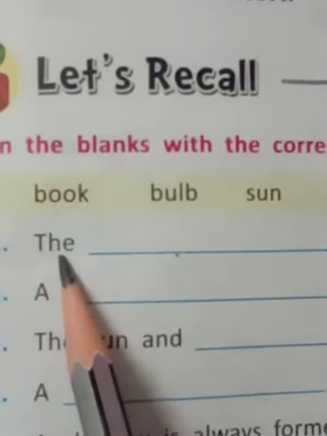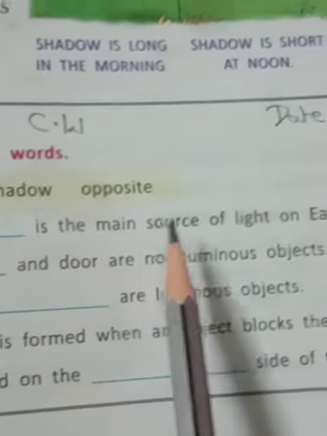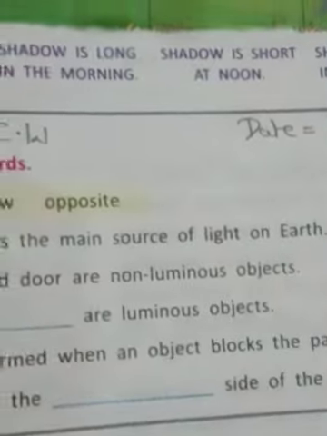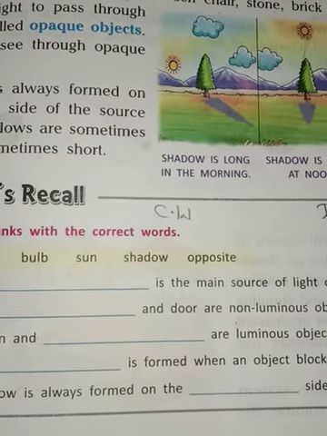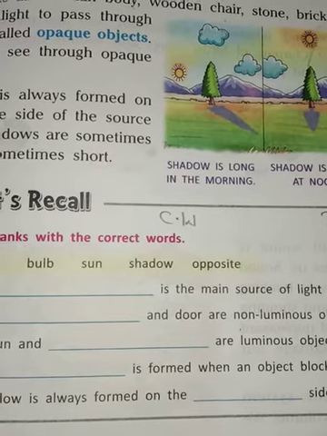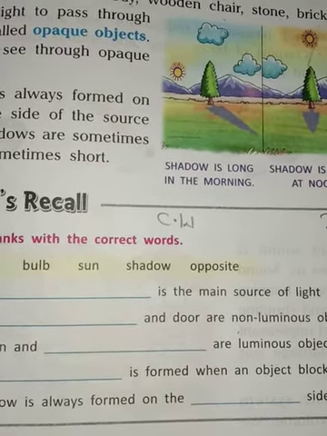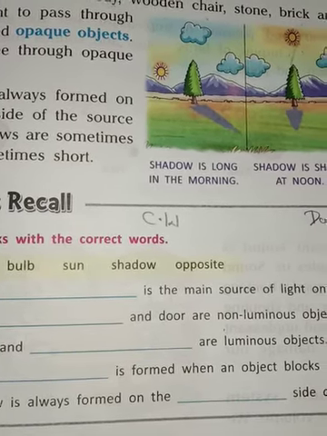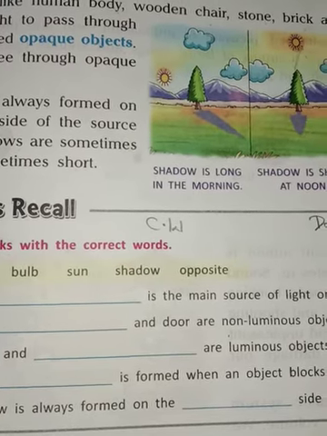First, the blank is the main source of light on earth. So student, we cannot see anything in the dark room. We need light to see any object because without light we cannot see anything.